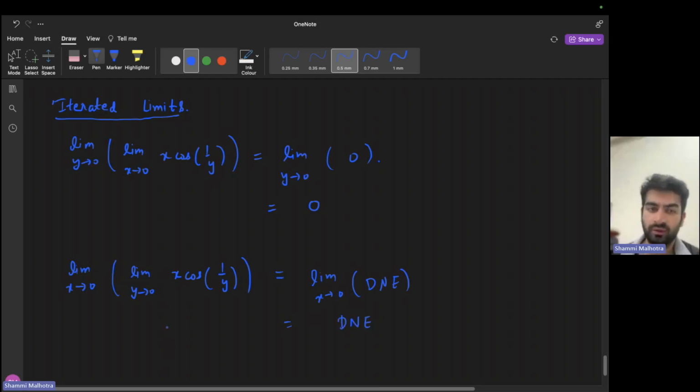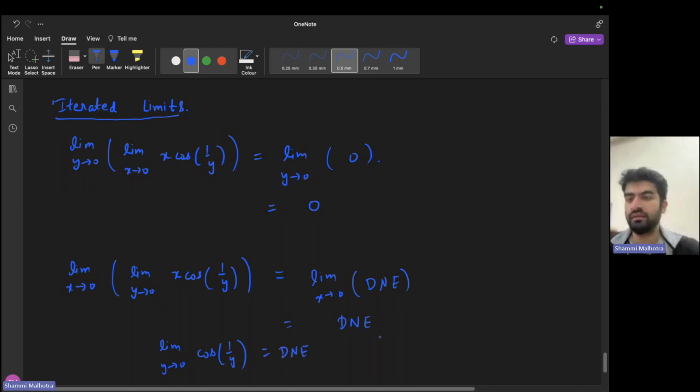And why does this happen? Because the limit as y tends to 0 of cos(1/y) oscillates between -1 and 1, so it will not converge to any particular number. So the iterated limit also does not exist in this case.